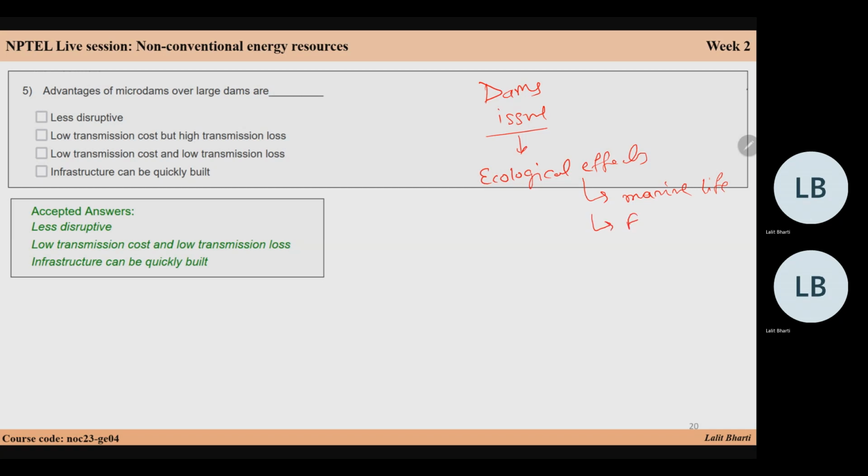It can be on the flora and fauna. Again, the issues are social, because the construction of a large dam needs to move people from the dam side.